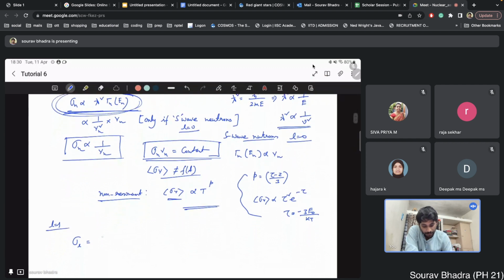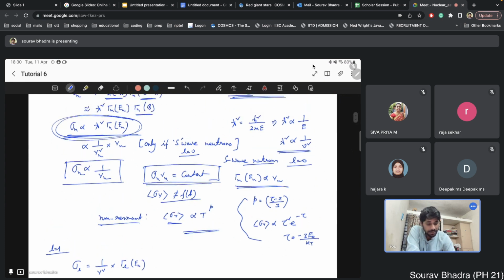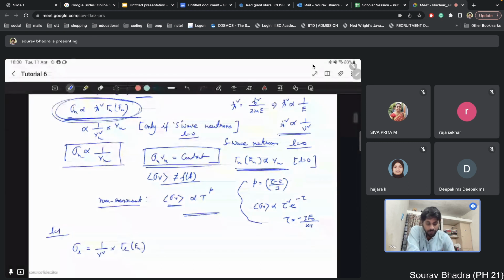So lambda square is 1 by v square again, but this time gamma L will not be proportional to Vn, which was the case under the assumption of S wave, L equals 0. Now this is not valid for L equals 1. So we have to find out a way to calculate it. It has been found that for L not equal to 0, gamma L varies as E to the power L plus half.